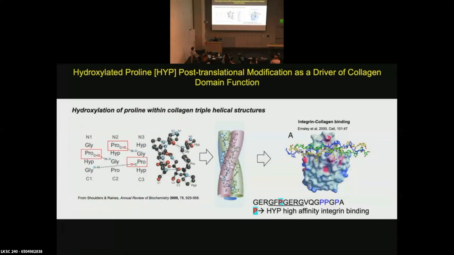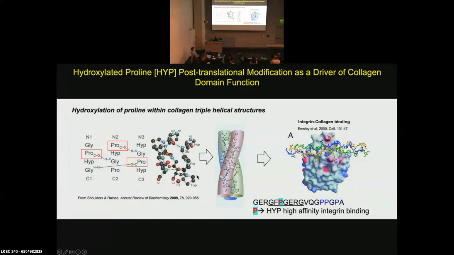This organization is driven by a post-translational modification called hydroxylated proline. What this hydroxylated proline does is it forms hydrogen bonds between these triple helical structures that give it its binding pattern. The opening and closing of this triple helical structure is what allows proteins like integrins and other different receptors to bind to the structure at different levels.